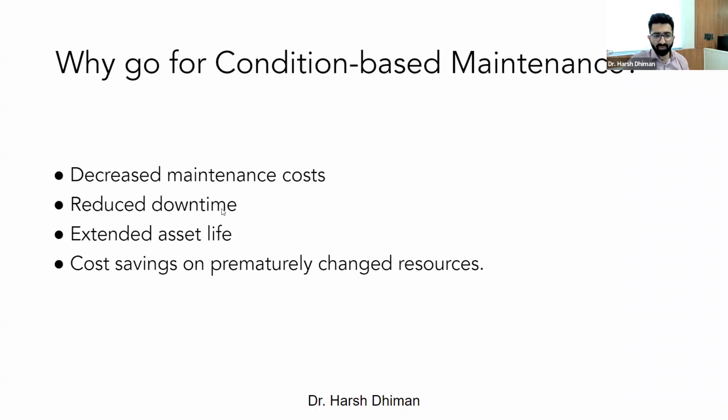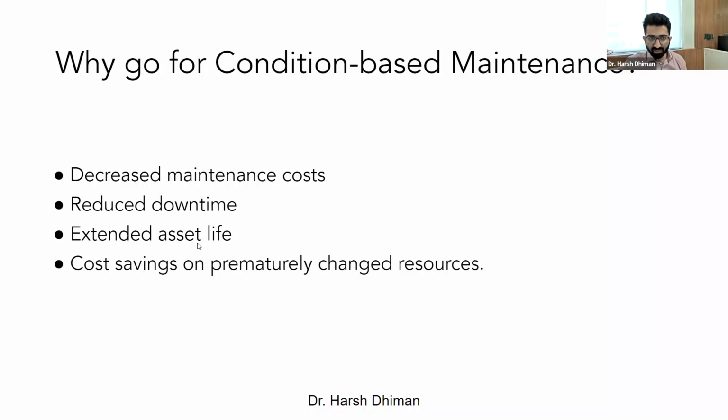In terms of a wind farm, one turbine goes out of operation, it is not contributing to the grid power. So what happens? The grid is receiving less power than what it is expecting to receive. Extended asset life, yes, the lifetime of your equipment gets increased significantly because you are predicting well ahead in time what could be a trend.